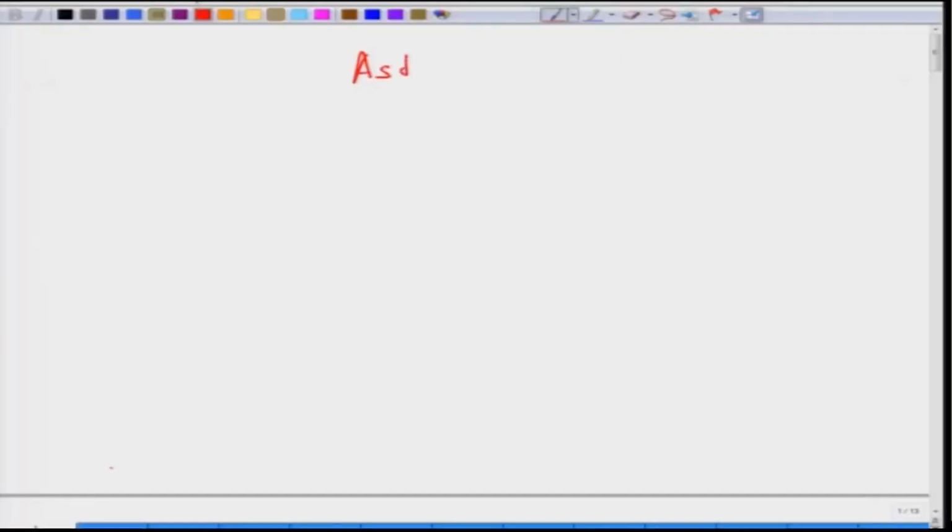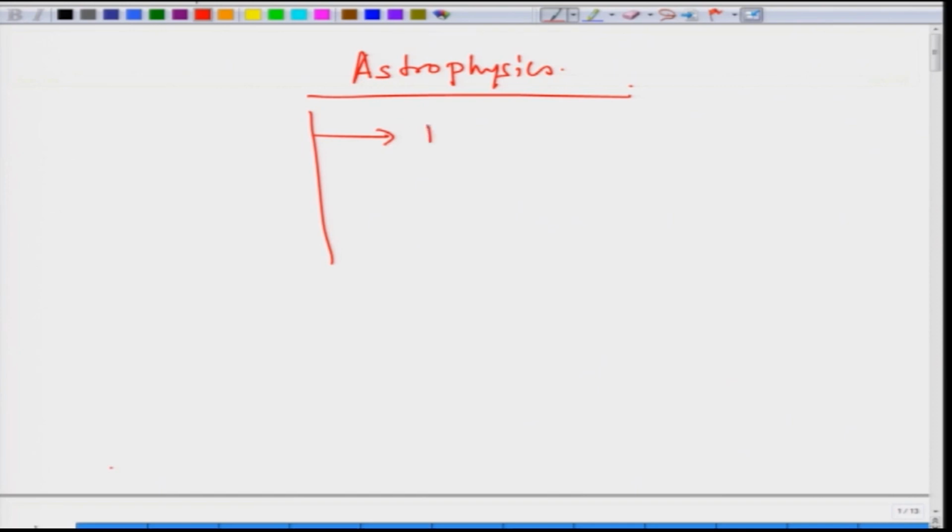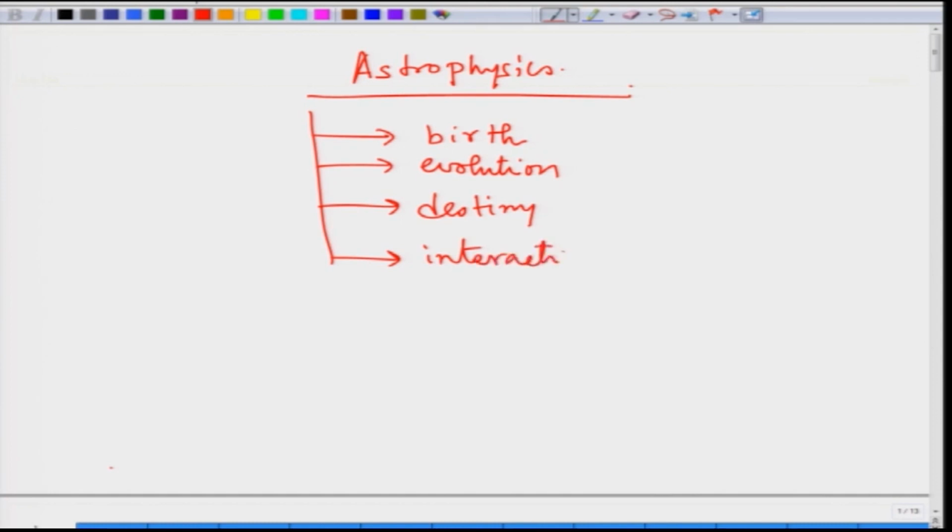Astrophysics is a branch of physics which is used to understand the birth, the evolution, the destiny, and also the mutual interactions of celestial bodies.